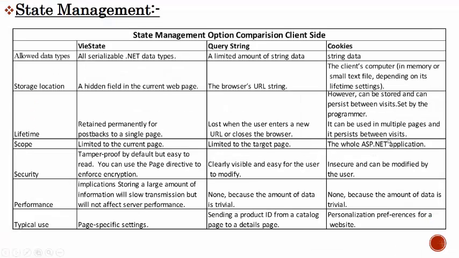Third one is the cookies. It can store string data. In the same way, hidden fields also store string data. Storage location: hidden fields are stored inside the current web page. Query strings are stored in the browser URL setting, that is, the string that is built inside the URL is our query string.